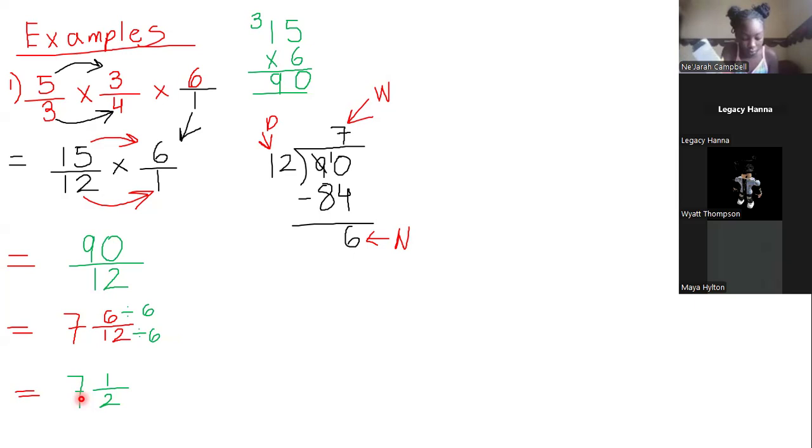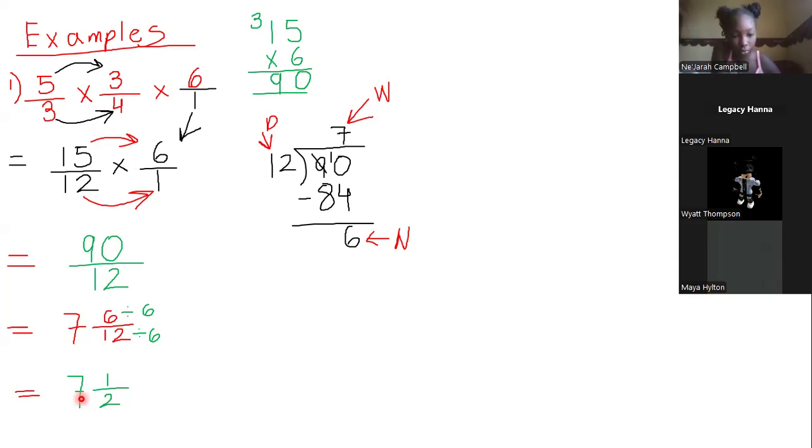And then you got 90 over 12. And then you divide it and you got 7 and 6 over 12. And then you simplify and you got 7 and 1 over 2.